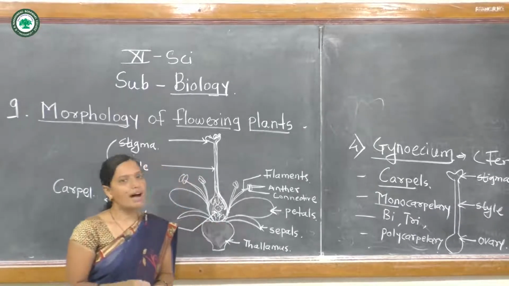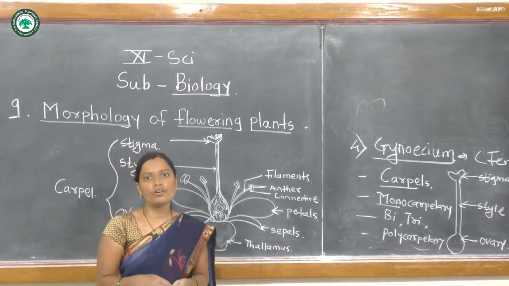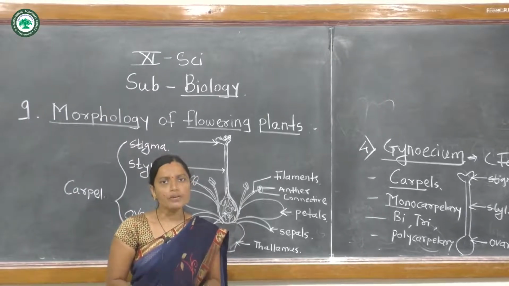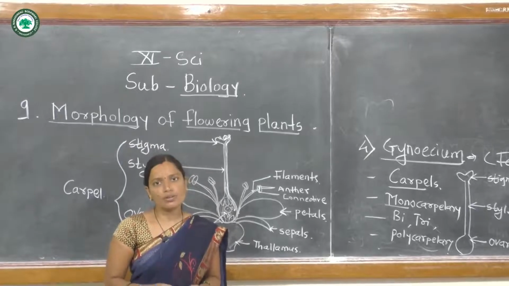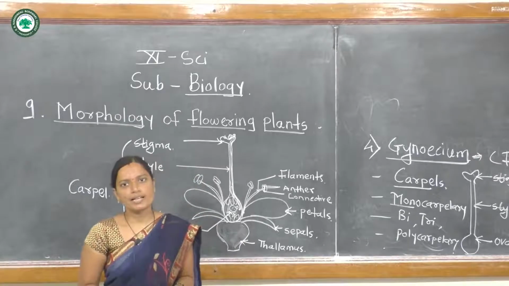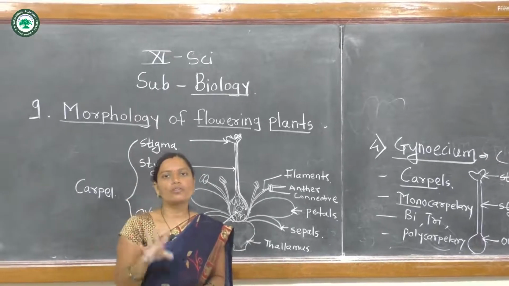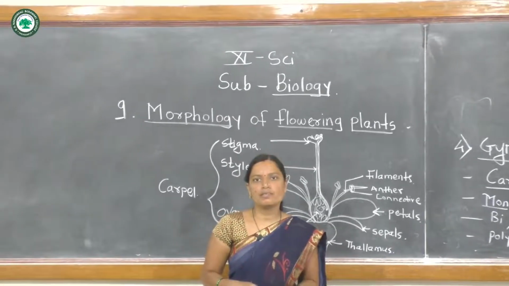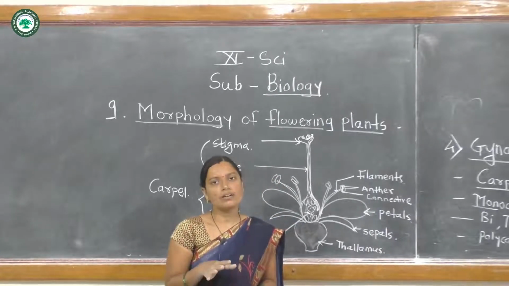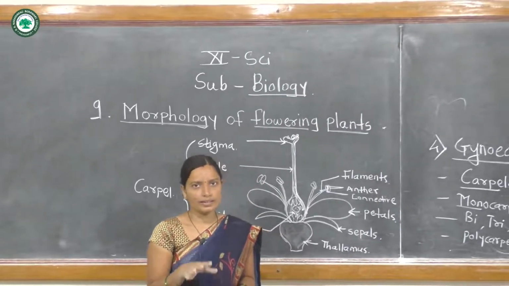Now the flower is the most important floral part, and it is very important for sexual reproduction in plants. In this video we discussed the four parts of the flower, that is, the four floral whorls, like the calyx.